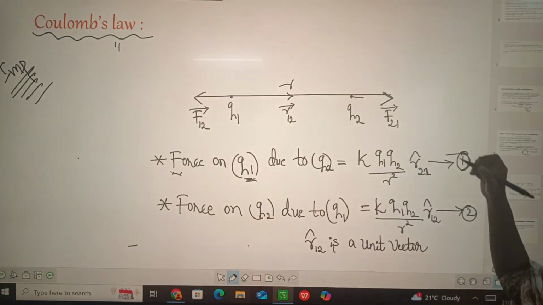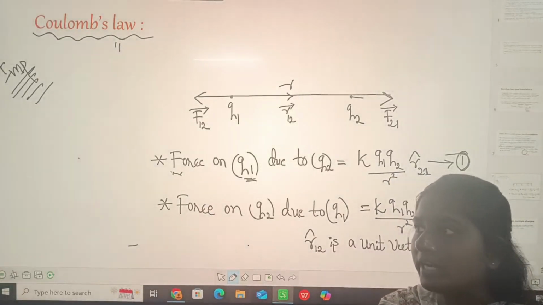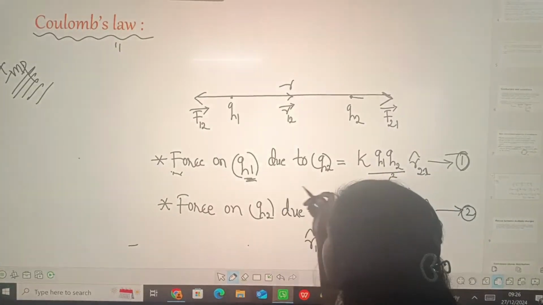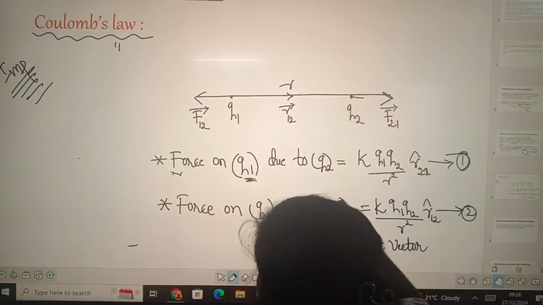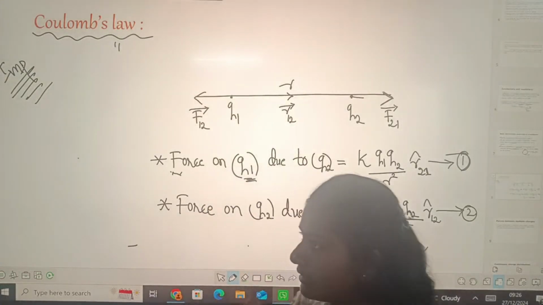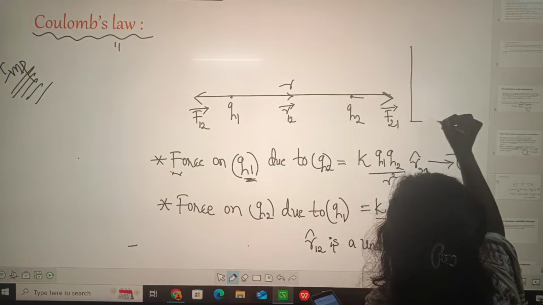If I want to derive in vector form, I need some quantities like Q1 and Q2, forces, R1 and R2. So in Cartesian or planar coordinates, I am going to derive like this.